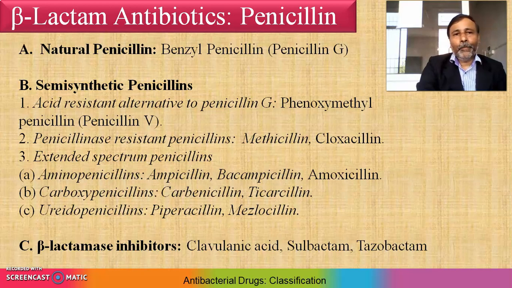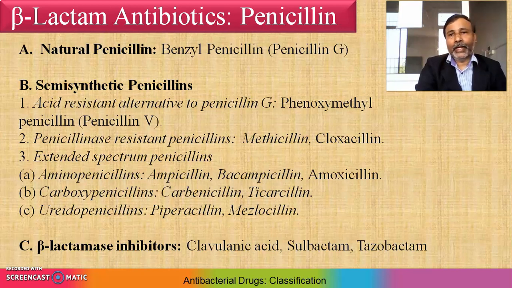Then second, penicillinase resistant penicillin. These are the agents which resist the penicillinase enzyme, so they are also called penicillinase resistant penicillins. Examples, methicillin and cloxacillin. Then the third one is extended spectrum penicillin. It means it has broad spectrum or extended activity.